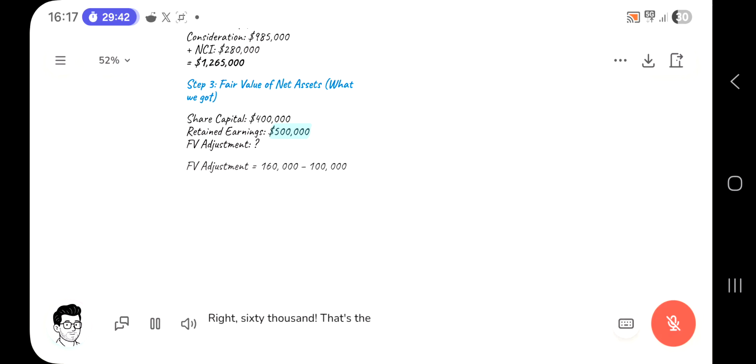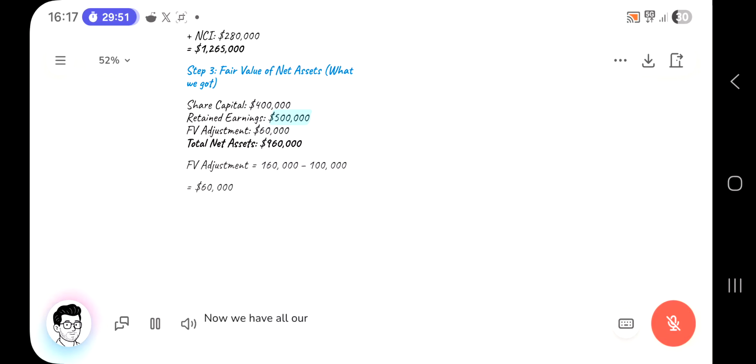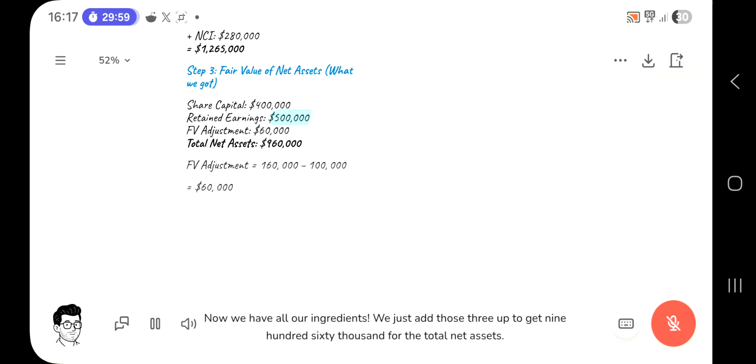Right, 60,000. That's the hidden value that wasn't recorded in the regular accounting books. Now we have all our ingredients. We just add those 3 up to get 960,000 for the total net assets.